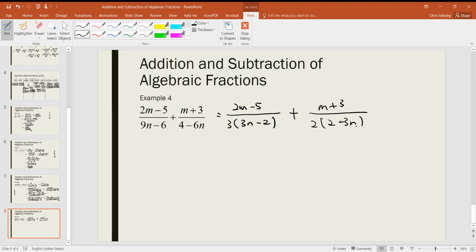What we can do now is introduce a negative sign here. So plus will become minus, or if the question is in minus, then minus will become plus. So we can change the sign over here, and we can change 2 minus 3n to become 3n minus 2.